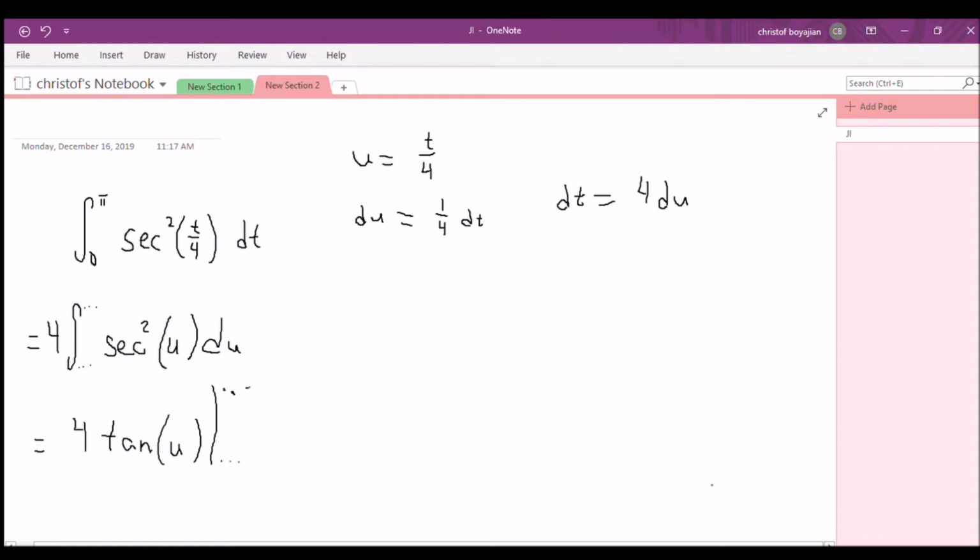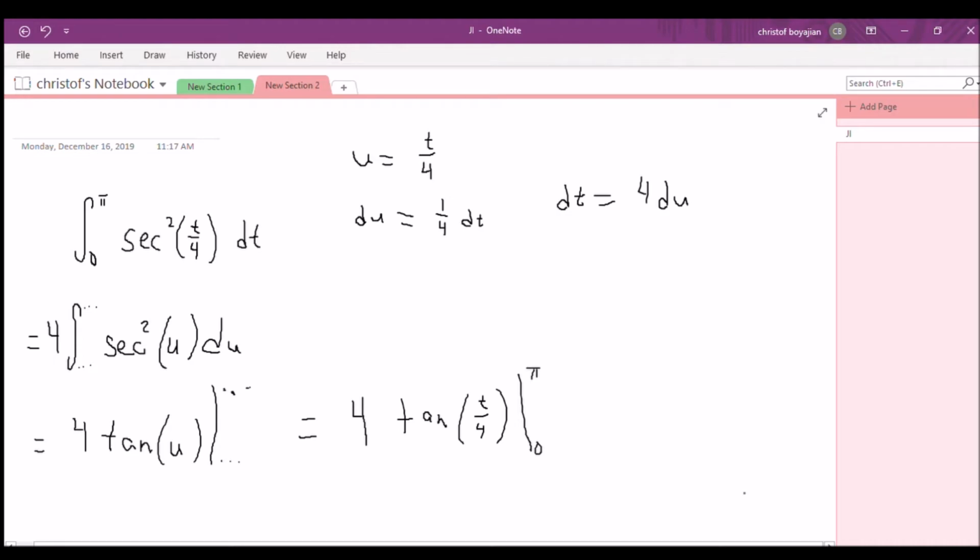Like I said, I'm going to back substitute for u here. So 4 times tangent of, what is our u? We set u to be t over 4, so we replace that. Now we can put our limits back here, so t is ranging from 0 to pi.